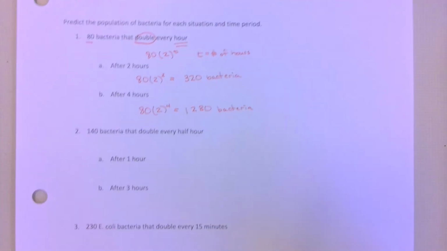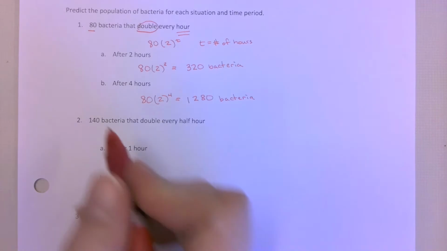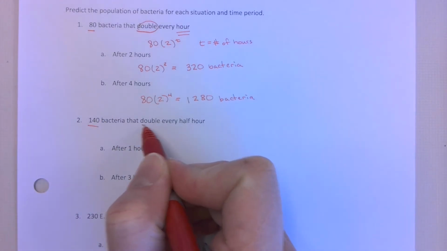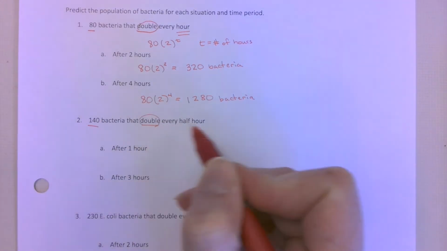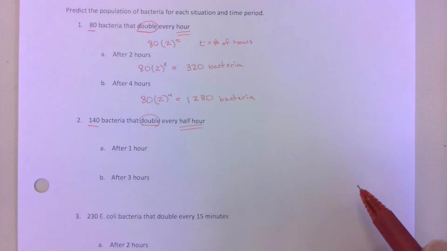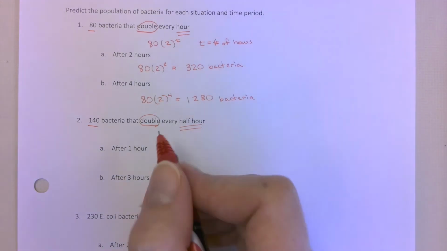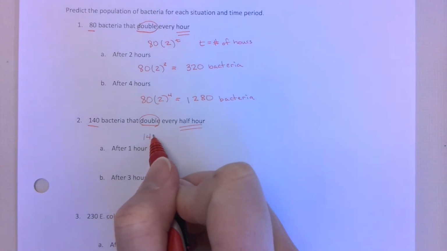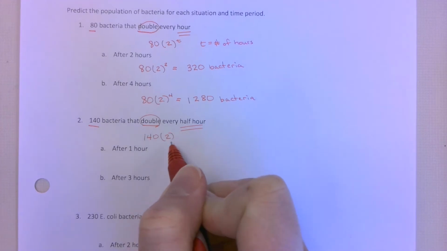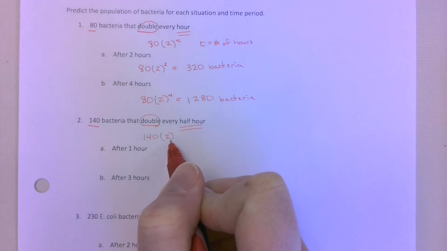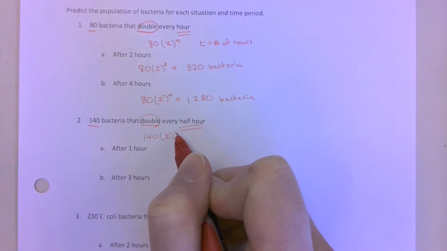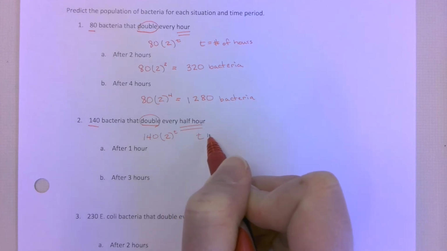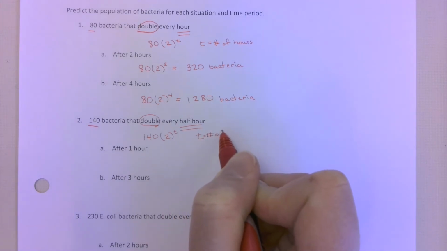All right. We are now changing it a little bit, and we're starting with 140 bacteria, and they're doubling still, but it's every half hour. So we want to be careful with our power. So this would be 140 bacteria times 2, that's my multiplier, 200%, and it is to the power of t, but t stands for the number of half hours.